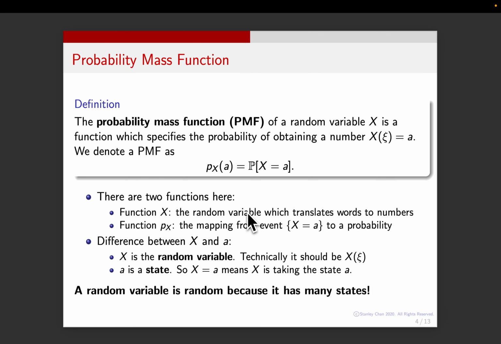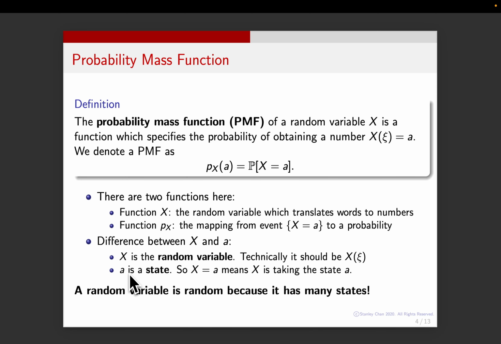So if you notice carefully, we have 2 kinds of functions. The first one is the random variable, which maps from words to numbers, or from the events to the real number space. And then the function P_X, which takes a mapping from X equal to a to a probability. The important thing between X and a is that X is the random variable which can take multiple states, multiple values, and a is one of those states.